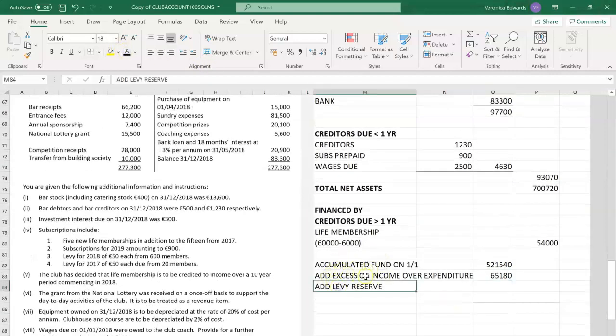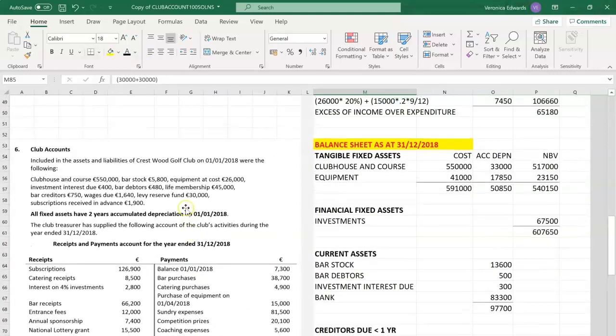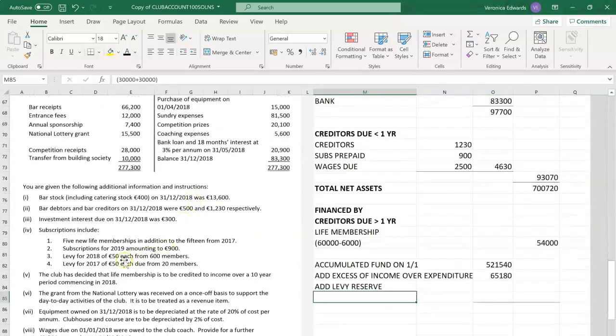And then, because we're including reserves in this section, profit reserves and other reserves, you need to recognise that you have a levy reserve here as well at the end of the year. And in order to figure out what that levy reserve is, you go back to the beginning of the year. You had a levy of 30,000. But remember, levies were mentioned here as well. Is that okay? So you had a levy of 30,000, but then you received an additional levy of €50 each from 600 members during 2018.